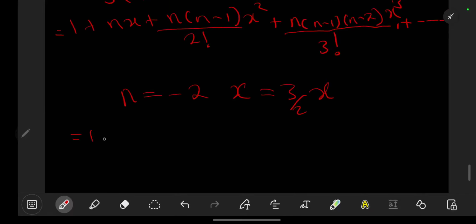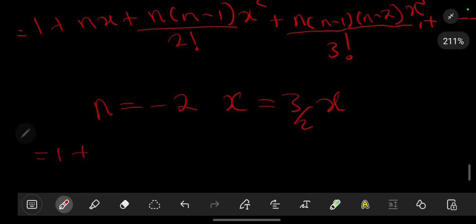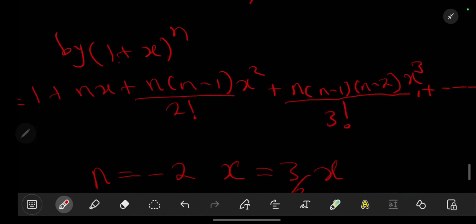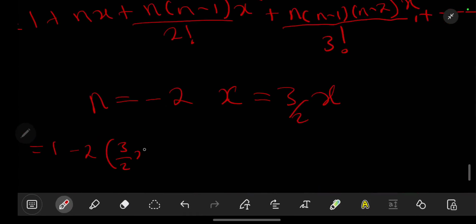So we have 1 plus our n value. Our n value in this case is equal to negative 2, so minus 2. Where there is x, we are going to put our 3 over 2x. Is it positive or negative? Okay, positive. 3 over 2, we have our x, like that. Then we have plus, what's our n value?